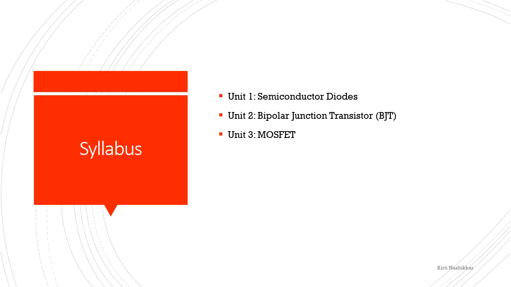Today I am going to discuss the objective questions of the third unit, that is MOSFET, metal oxide semiconductor field effect transistor. And again we will have a series of three videos for the fourth, fifth and sixth units respectively.